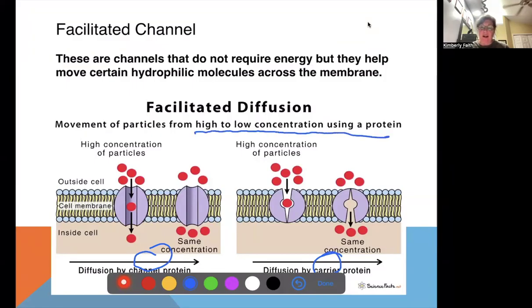So they do not require energy. Notice we have a high concentration outside, and it's going to let it flow inside until we have the same concentration, or iso, or you can say an isotonic solution. We could do the same thing with a carrier protein. A carrier protein is going to give it a little bit more love, right? It's going to hold on to it, change shape, and then bring it into the cell.